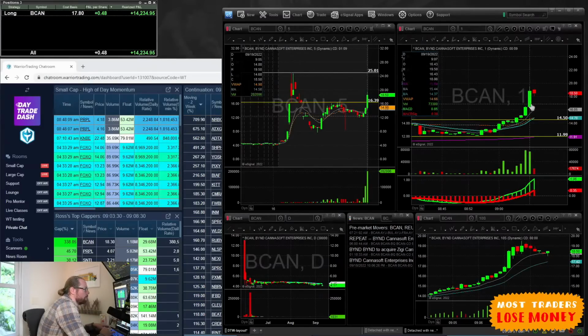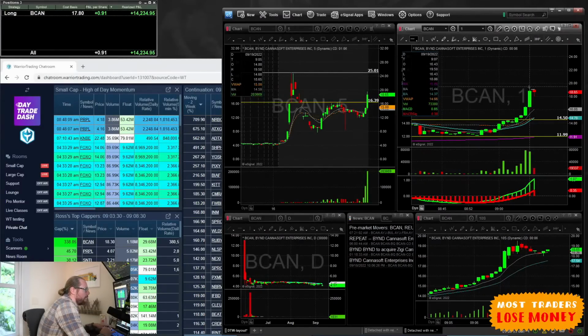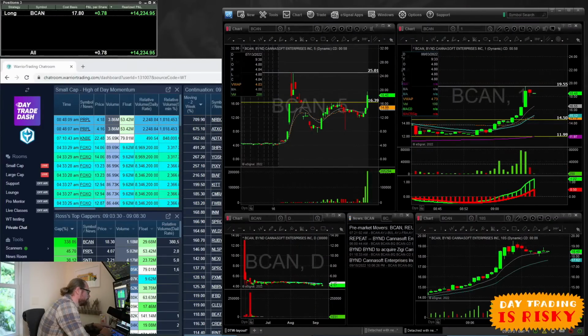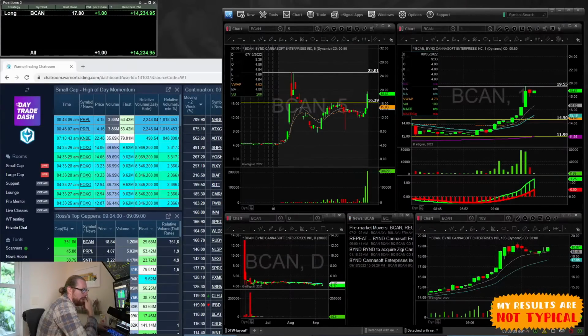So shorts are probably now thinking, all right, well, stop high of 1950, whatever, 1955. And this is an area where you have double top risk, which would then create an even stronger short off the double top.